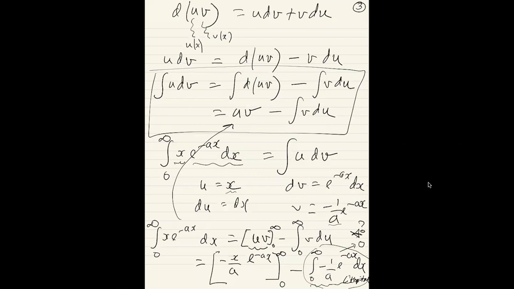This goes to 0. All we are left with is the first term, and the first term is equal to 1 over a squared. So we have been able to calculate our integral using the integration by parts rule. It seems a bit alien at first, but the more you practice this rule, the more comfortable you will become with it. Let's look at another example of integration by parts.